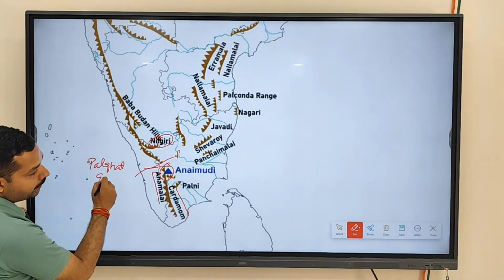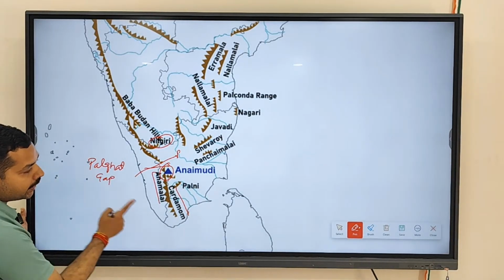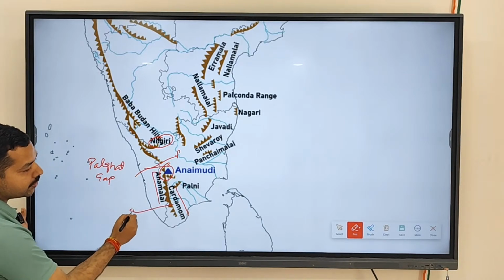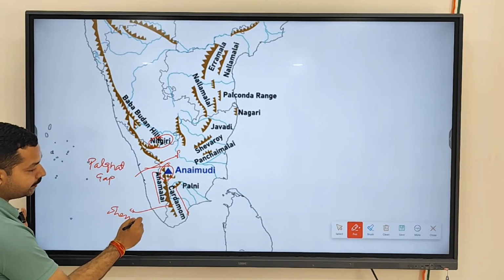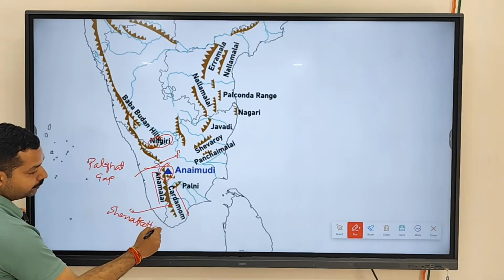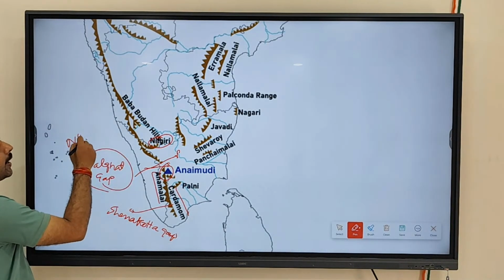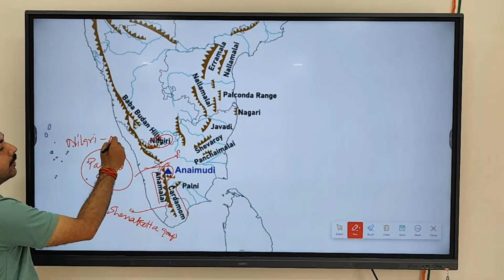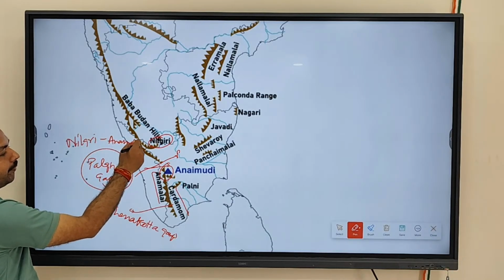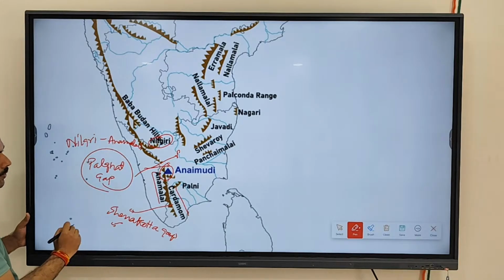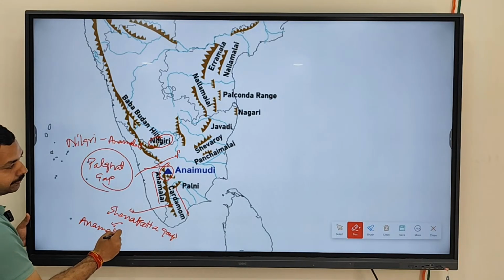Palghat gap. And the gap between Annamalai and Cardamom is referred to as what? Shinakutta gap. So the Palghat gap exists between Nilgiri and Annamalai Hills, and the Shinakutta gap exists between the Annamalai and Cardamom Hills.